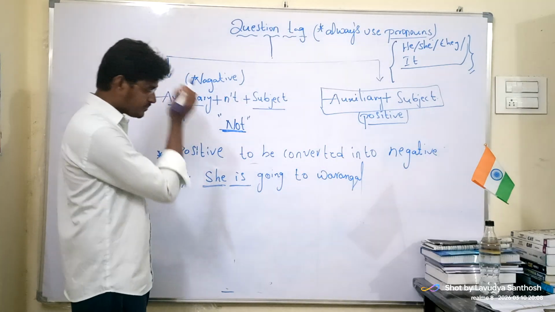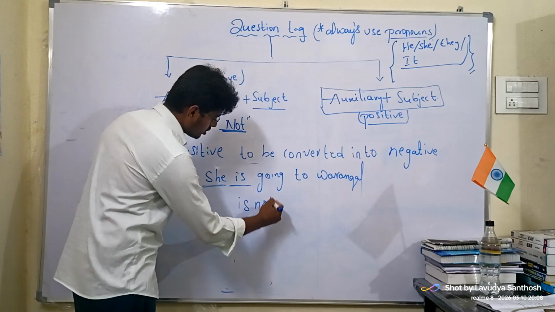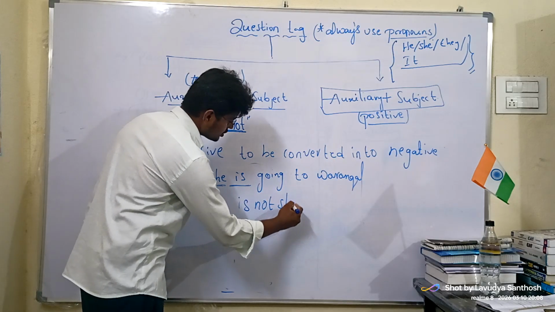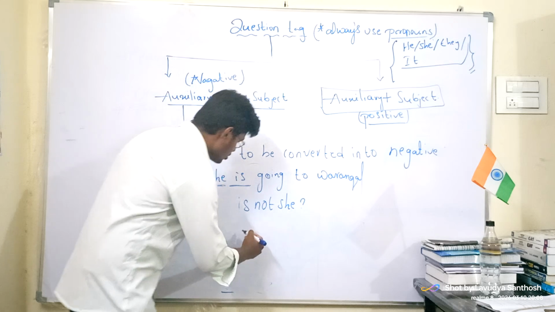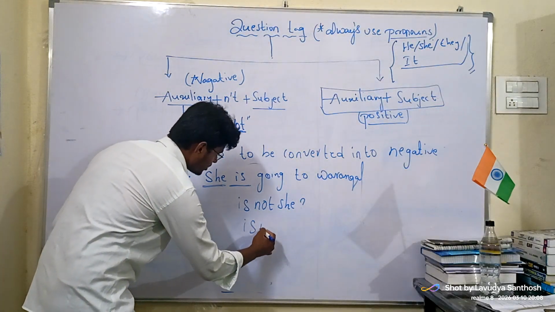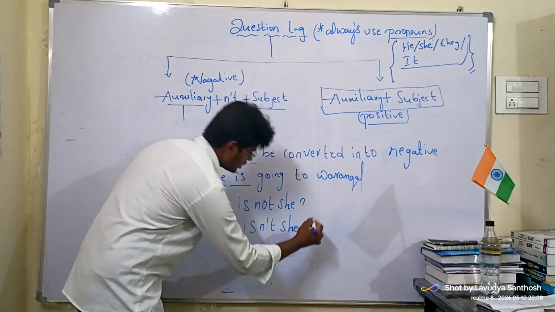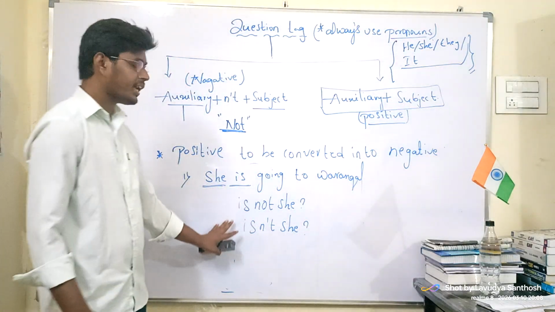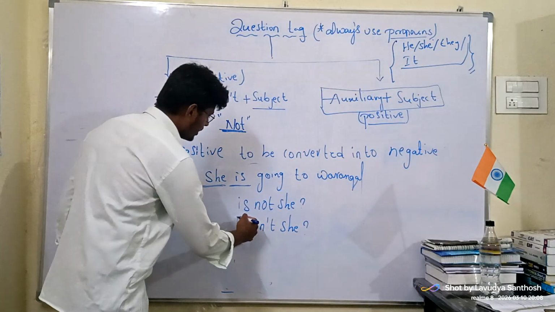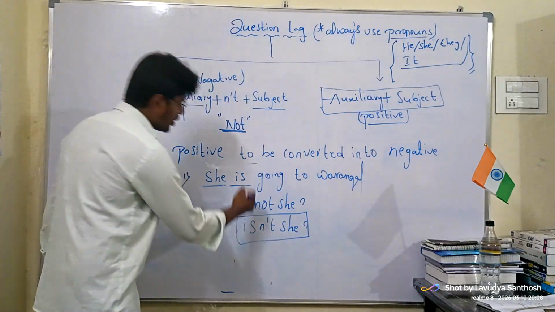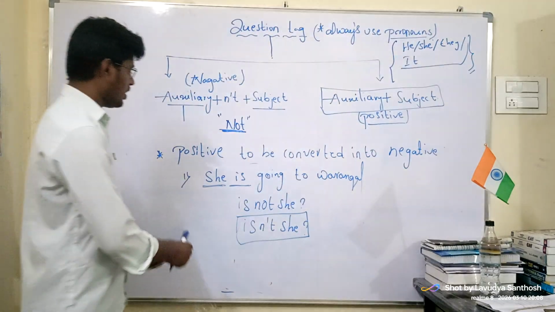Now you write here "is not she," or most of the time "isn't she." This is your answer. Both can be accepted, but isn't she is the appropriate, very short form for question tags.